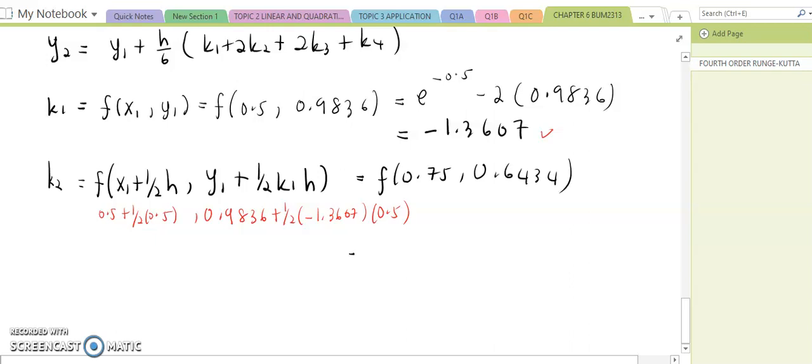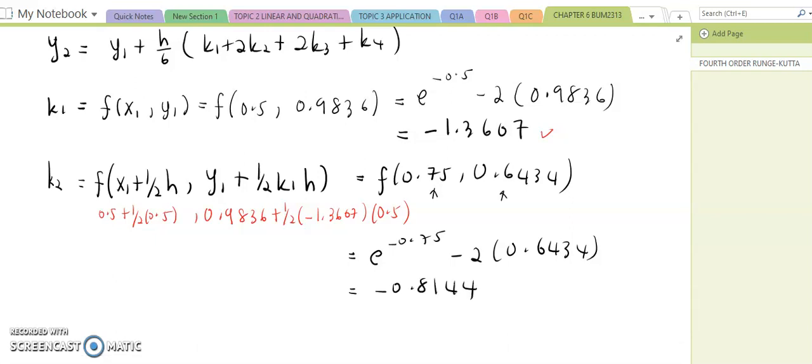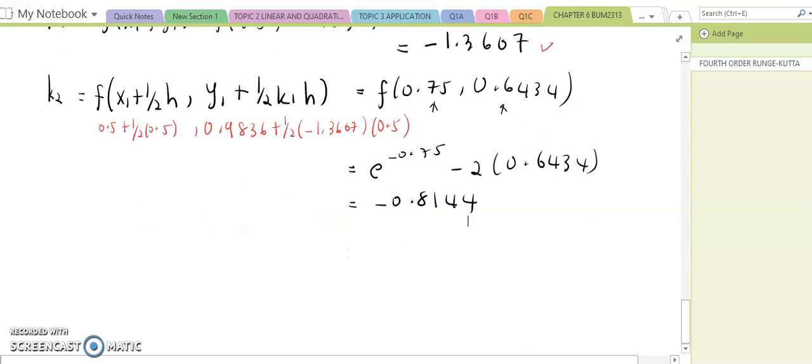So you just substitute this value and this value into fxy function, exponent negative 0.75 minus 2 times 0.6434. So k2 value is negative 0.8144.